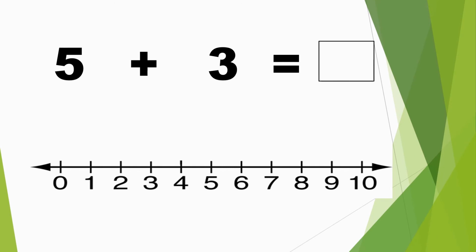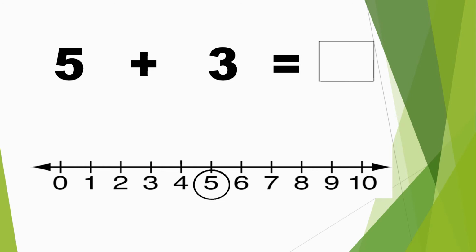Now I have one more example for you. Now here I have 5 plus 3. So now I have to add these numbers. First I look at 5. Where is the 5 on the number line? Yes, 5 is placed here. So I need to add 3. That means I need to hop 3 times.